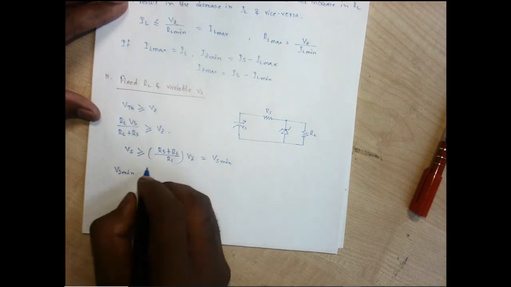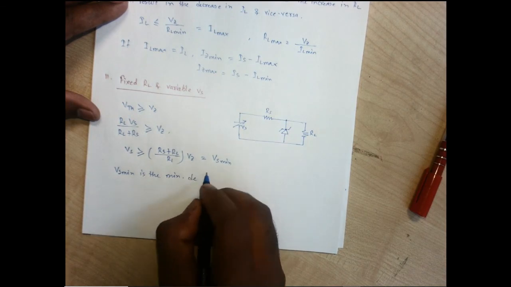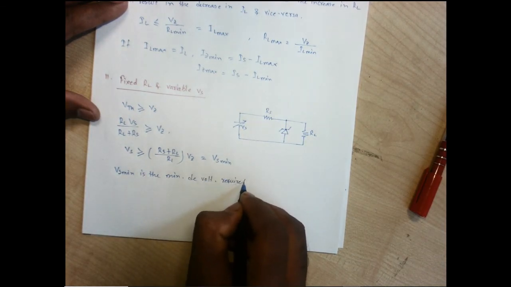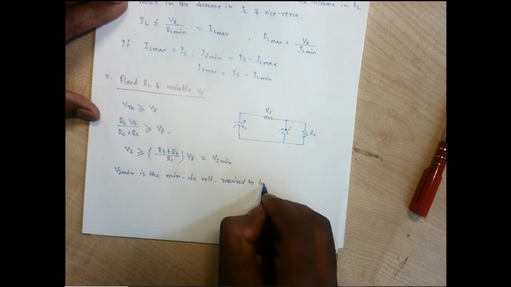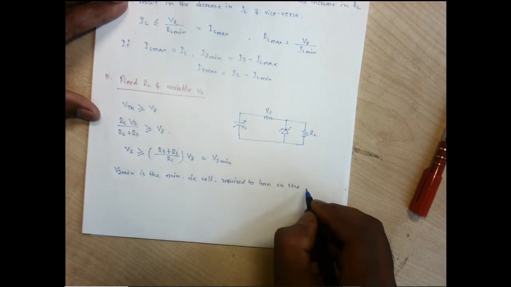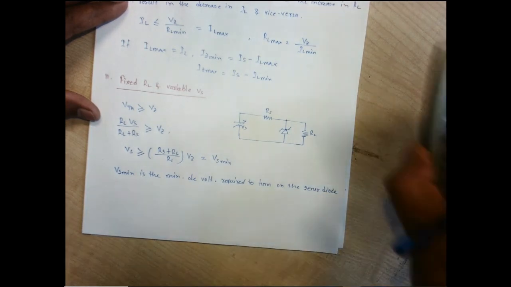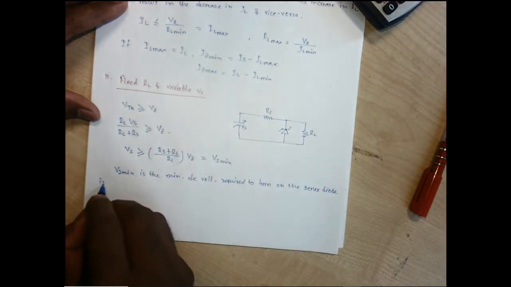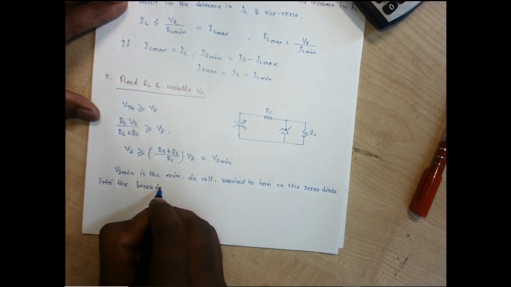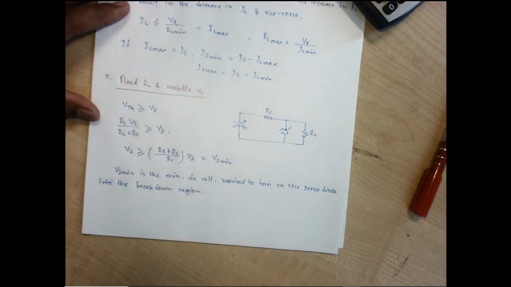Vs min is the minimum DC voltage required to turn on the Zener diode into the breakdown region. That is the minimum voltage.